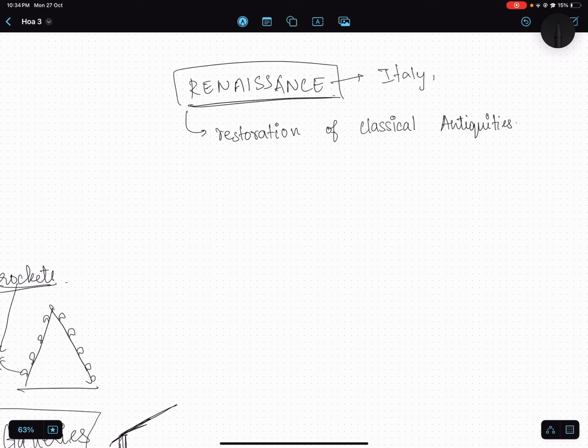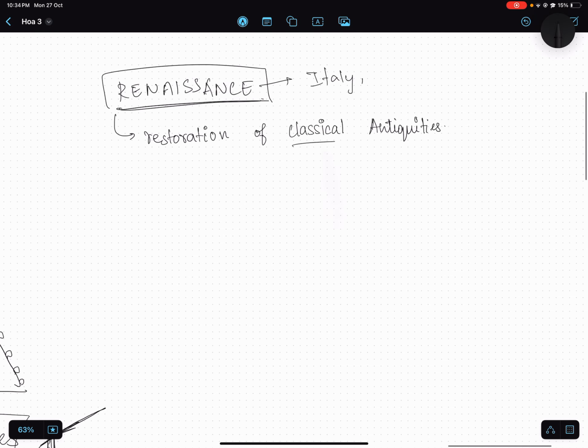They showed a lot of interest in the restoration of classical antiquities, and that means they took almost all of the elements or features of Greece and Rome.